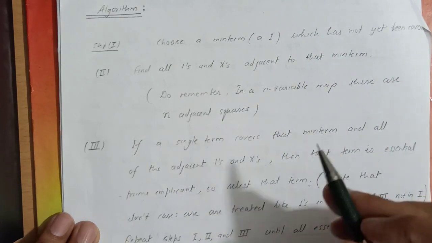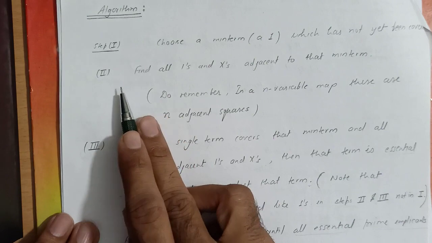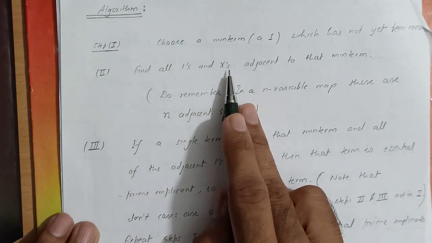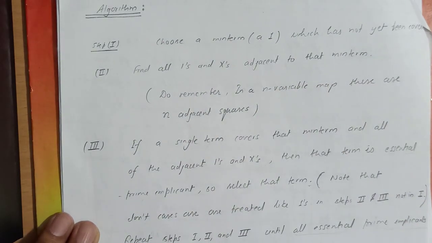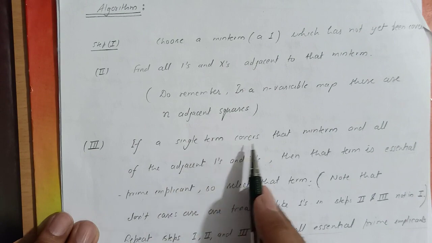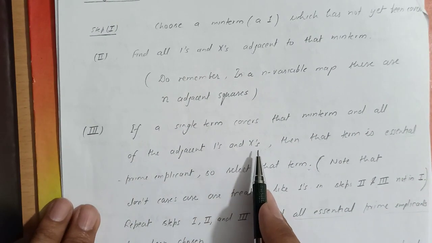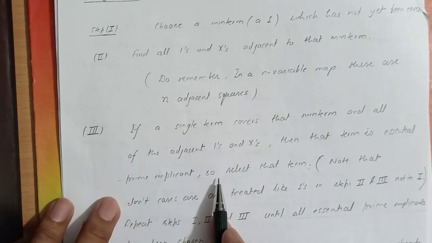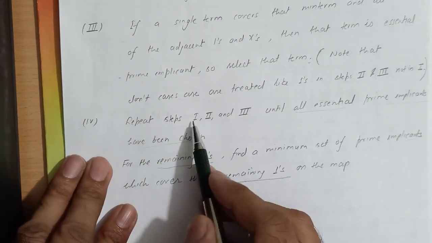That means we will randomly choose any one on the K-map. After that, in the second step, we will find all the ones and x's that are adjacent to that minterm. Okay, so if a single term covers that minterm and all of the adjacent ones and x's, then that term is called the essential prime implicant. Okay, so we will repeat these three steps.